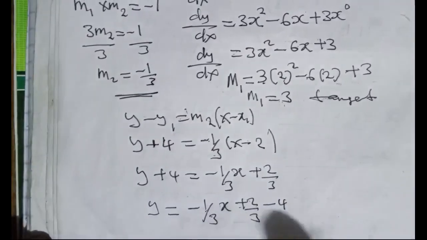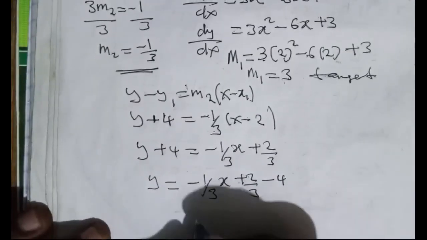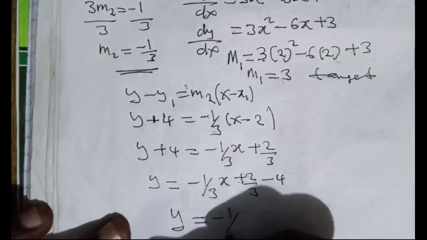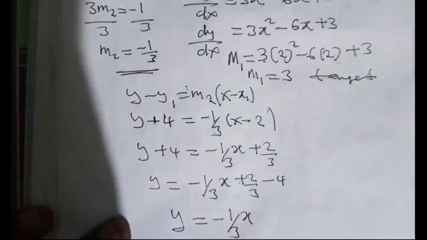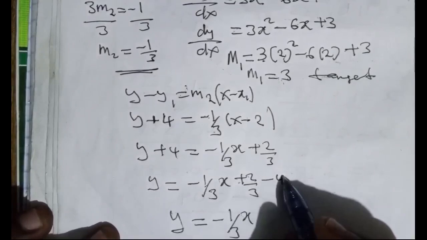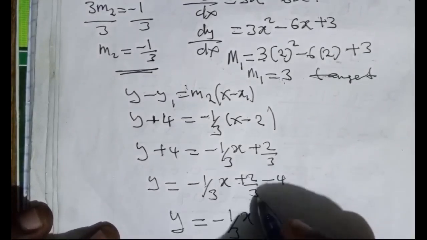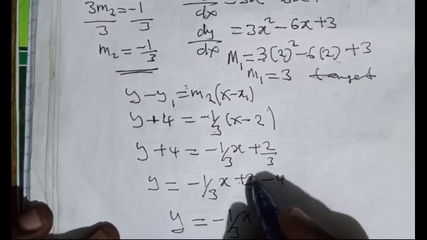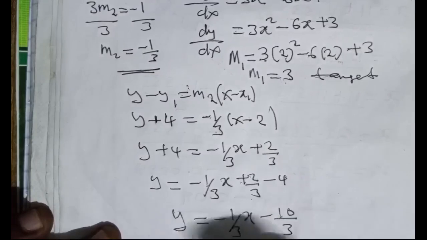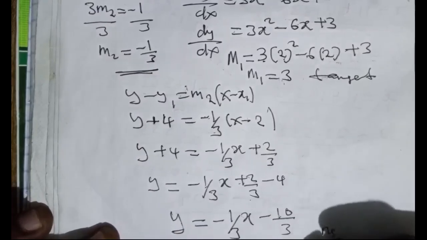So the final answer is y equals negative 1 over 3x plus (2 minus 12) over 3, since 3 times 4 is 12. 2 minus 12 is negative 10 over 3. This is the equation of the normal.